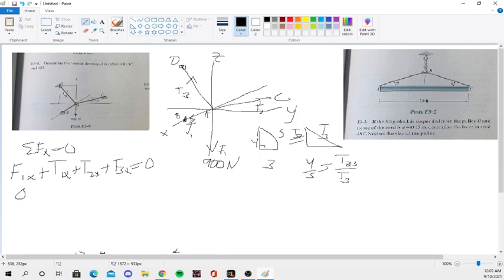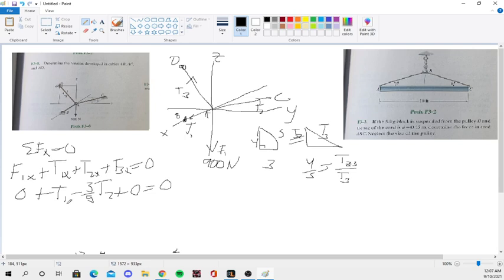And then tension 1, the whole thing is on the X-axis in the positive direction. So we don't even need to have it as T1x, we can just let it equal T1. And then T2, we'll use that similar triangles trick to find the X component, and it's in the negative direction. So it's going to be minus 3/5 of T2. And then for our tension 3, this is on the YZ plane, so it doesn't have an X component. So this is just going to be plus 0 equals 0.